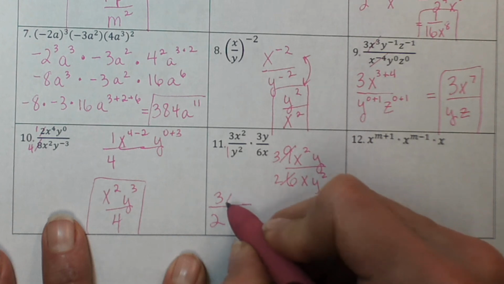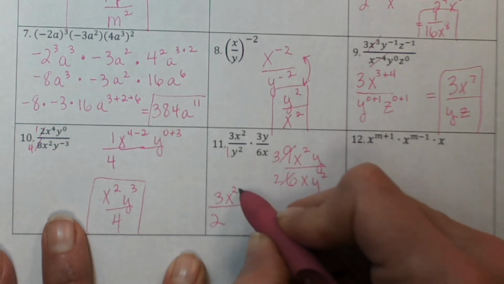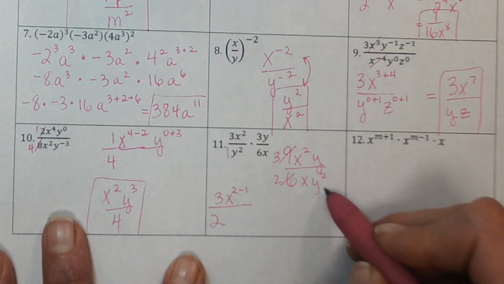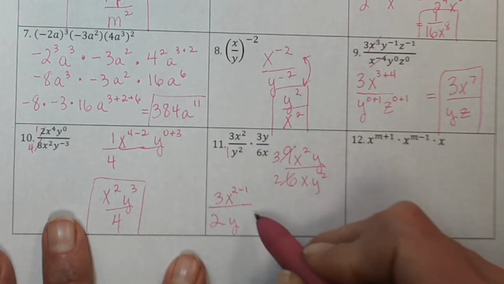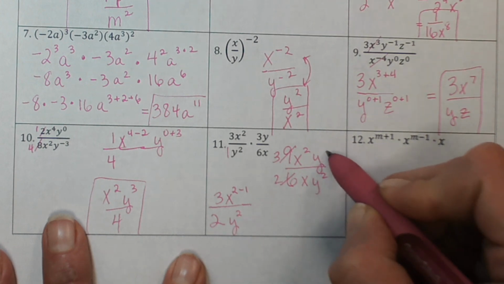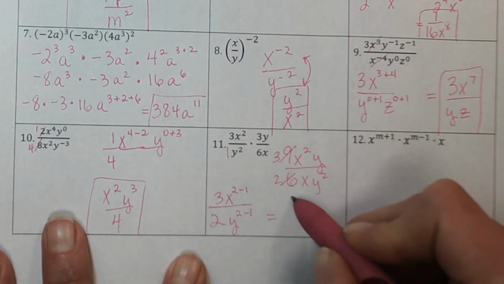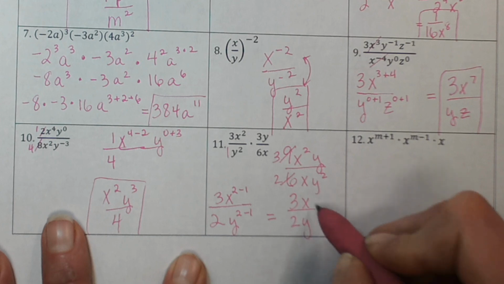So I'm going to keep it up there. That'll be squared, and then I'm going to subtract the one that's coming up. And then my y's have a larger exponent in the denominator, so I'm going to leave the y's in the denominator. I have 2 there now, and when I bring this one down, it's going to subtract 1. So I just simplify to 3x over 2y.